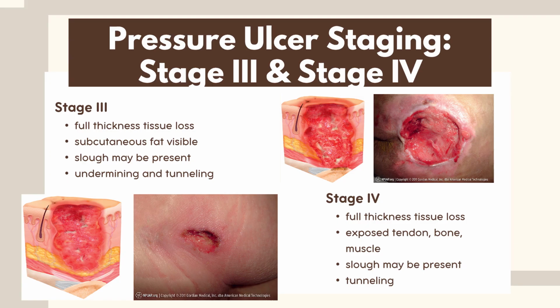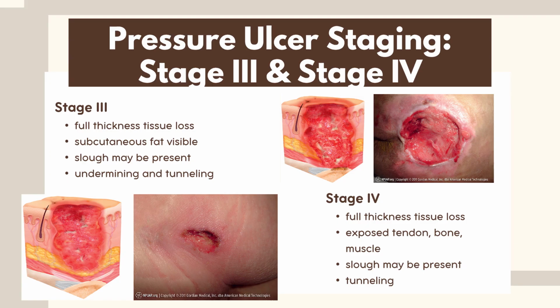So then you have stage 3 pressure ulcers. This is when you have a full thickness skin loss involving the epidermis and the dermis, extending into some subcutaneous tissue. With this, you will not see any bone, tendon, or muscle. That should not be exposed. That would not be a stage 3.